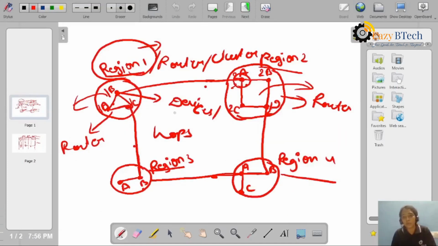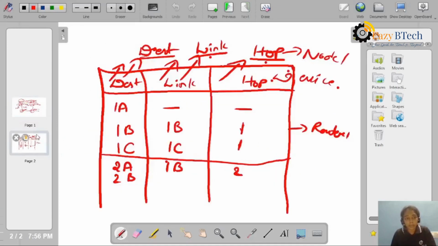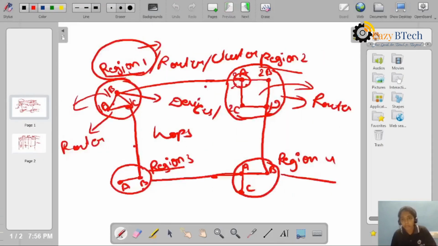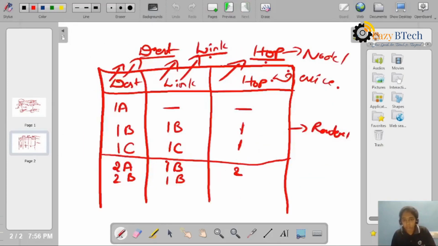From 2B, the link is coming from 1B. How many nodes are connected? 3 nodes.